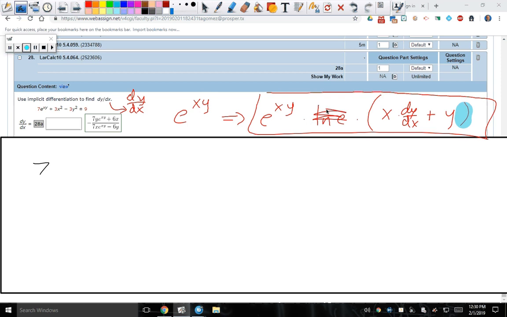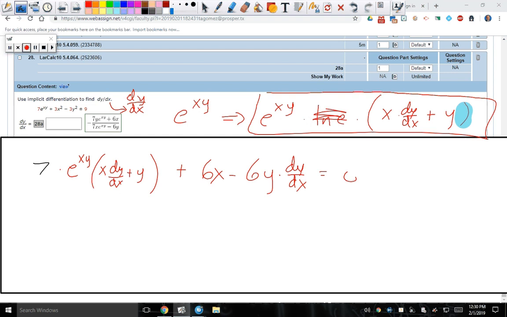This is a form of 1, so we have e to the xy times the parenthetic piece of the following, with parentheses. And then we're going to add 6x minus 6y chain rule dy/dx, and then it's equal to 0. And my goal is to get now dy/dx all by itself.